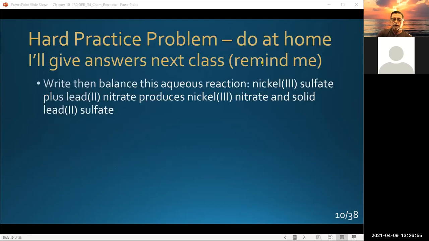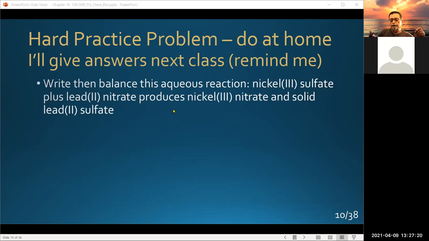All right. This one seems to be a little bit more of a problem, and we'll just do it here instead of doing it at home. But this is a typical example of what's called a double displacement reaction. Because what we do, we end up adding two reactants that are soluble in water. We mix them together, they react with each other, they exchange partners.